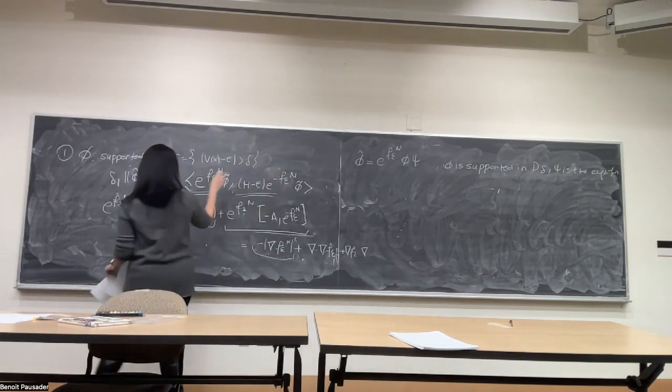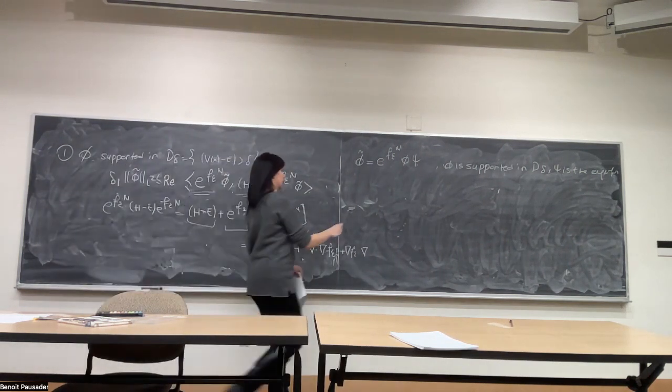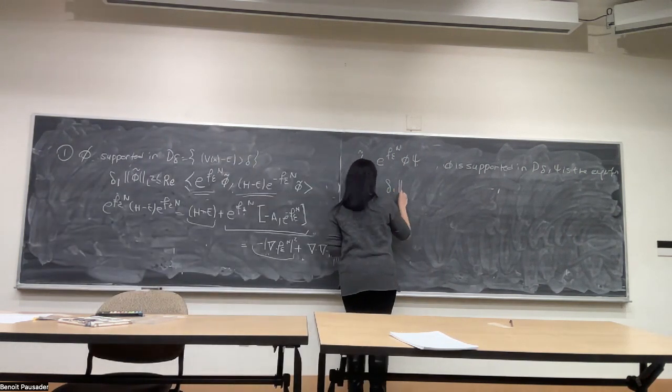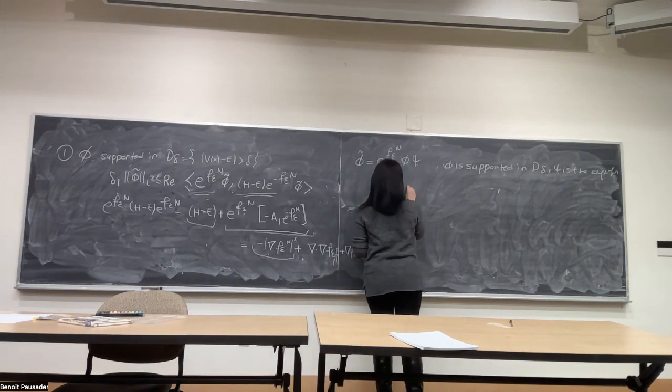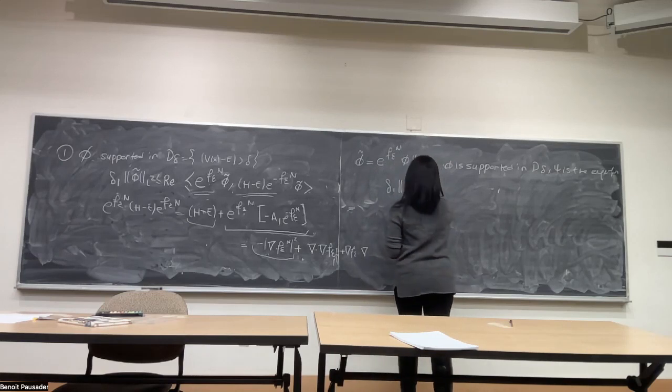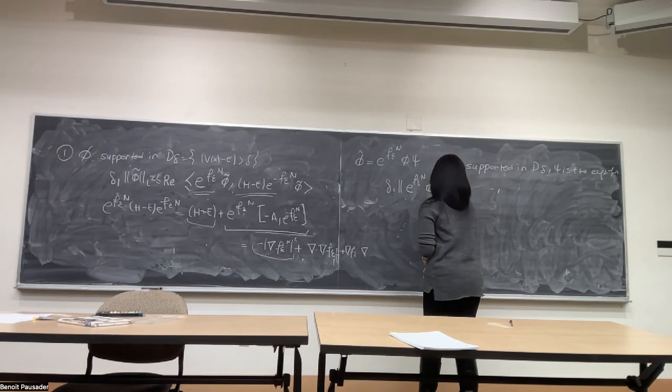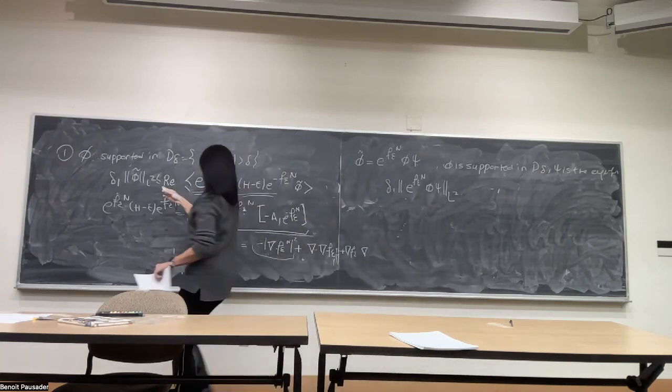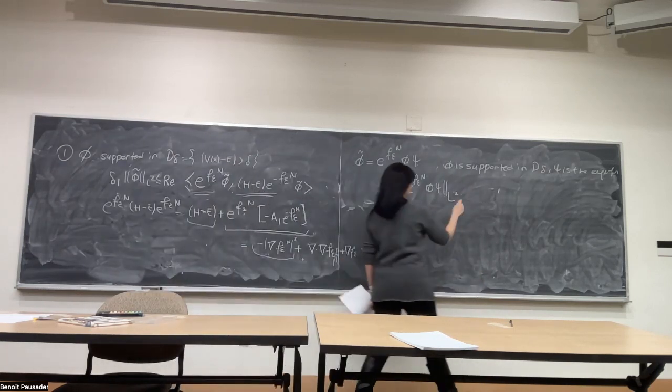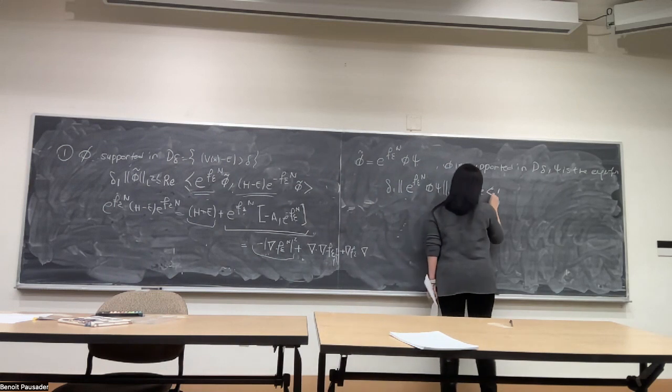Now, once we put it over here, this is what we're gonna have. So I will have delta one e to the i C output. That's what we want. It will be less than the real part of.